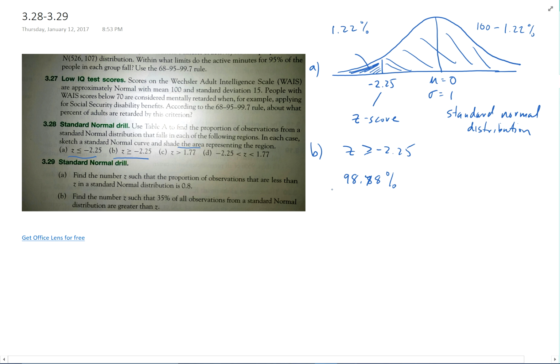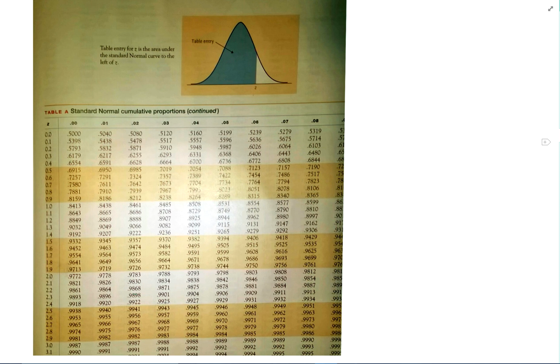Alright, C, excuse me. Then we've got Z is greater than 1.77, so if I take a look at that, I've got the mean is 0, standard deviation is 1. That's again called the standard normal curve. So greater than 1.77. So I'm going to go over here and look at 1.77.